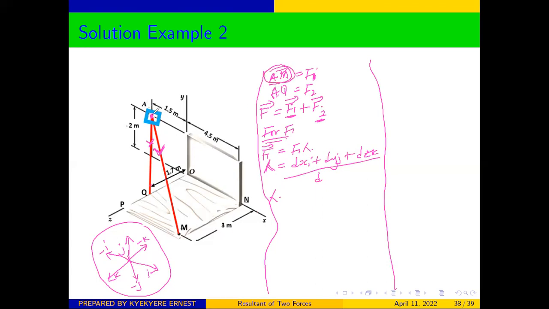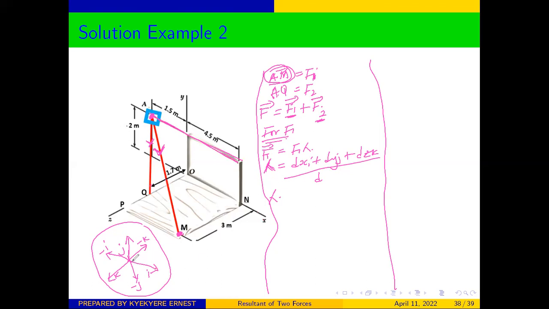It means that from here, don't forget that we said that our force is from A, the point of action, to M. Our force is from A to M. So if you want to obtain our lambda, which is the directional cosine for A to M, it means that we need to move around the object till we get to M. And in that case, it means that we are going to move this distance here. Look at the direction. It's in the direction of what? It's in the x-axis.